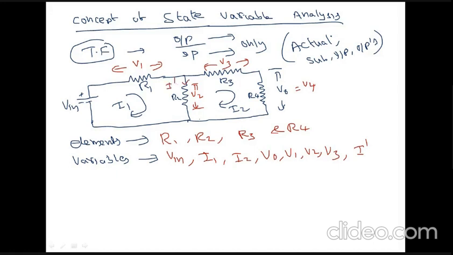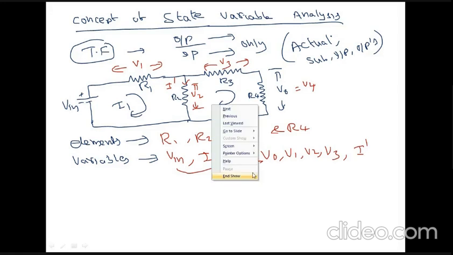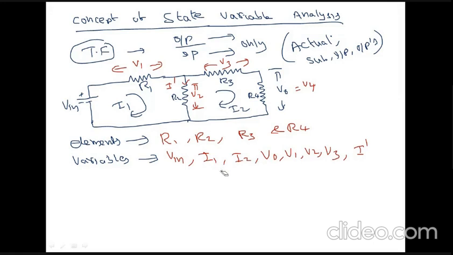So how many variables are there in total? 1, 2, 3, 4, 5, 6, 7, 8 variables are there.